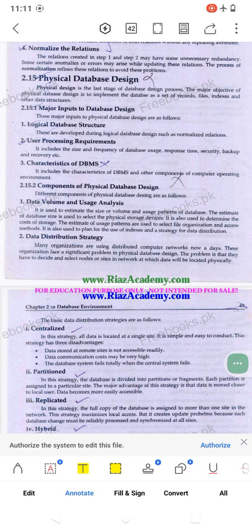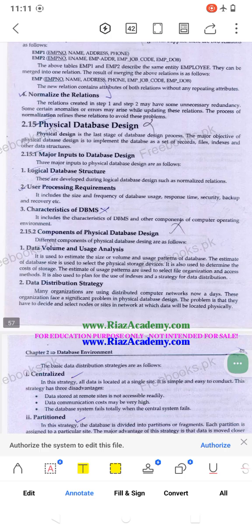In the logical step, we are defining the blueprint, schema, or structure of the database. But in the physical database, we are dealing with controlling how data will be stored and where the actual data will be stored. That means we have to control the physical structure: where the data will be stored and which form of data will be stored.